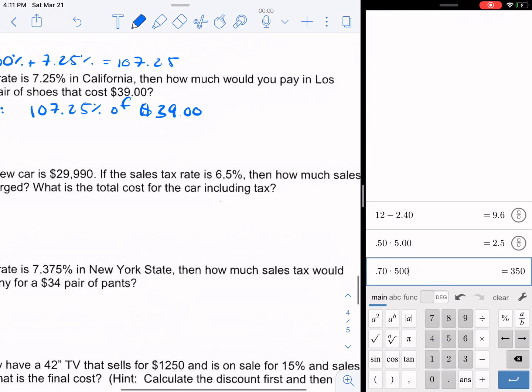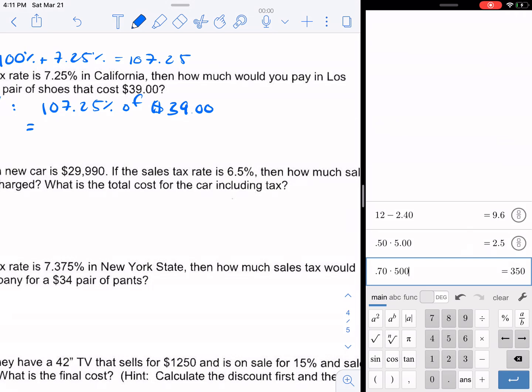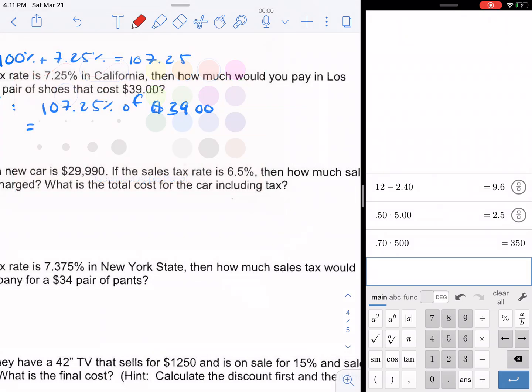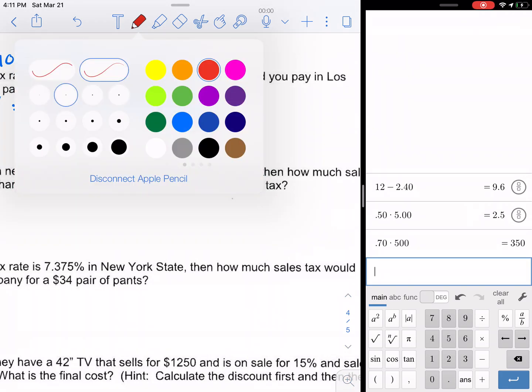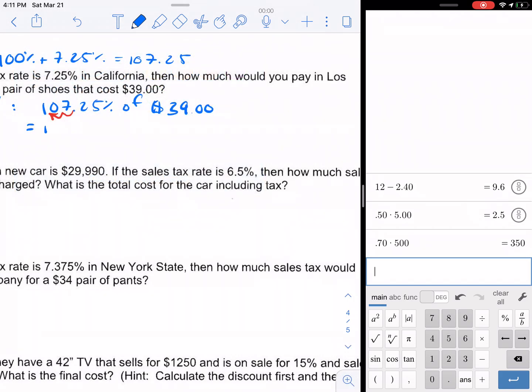Okay, so if I have 107.25%, we'll move the decimal to the left twice. So 1, 2. And so you have 1.0725 of means times $39.